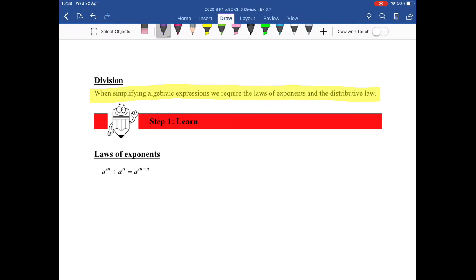In the previous session, we had a to the m multiplied by a to the n. When I multiply powers with the same base, I write down my base and I add my exponents. Now we're going to look at division.